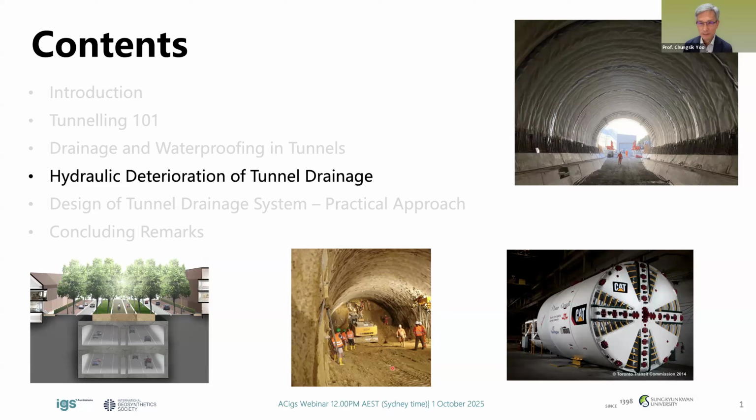Unfortunately, the drainage system for a drained tunnel deteriorates over time. We build a tunnel to last 50 years, 100 years, sometimes more than 200 years. Unfortunately, the drainage system can deteriorate over time for many reasons.